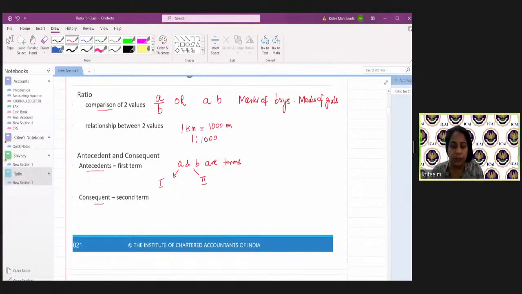So we would be hearing this again and again when we do the proportion chapter also. Whenever we are going to do comparisons and use properties of proportion, antecedent and consequent would be the common terms that you will come across.